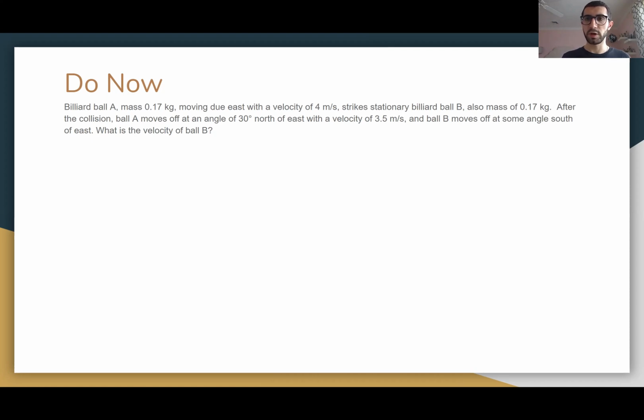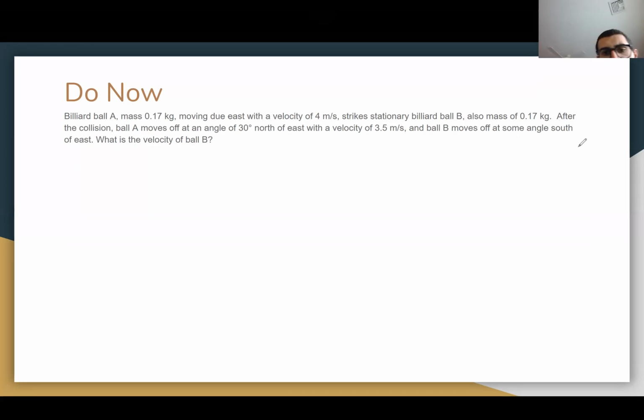So hopefully you're getting more comfortable with solving these types of problems, but nonetheless, let's do it out together. As always, the very first thing I'm going to do is draw out my picture, and that includes both the initial and final conditions.